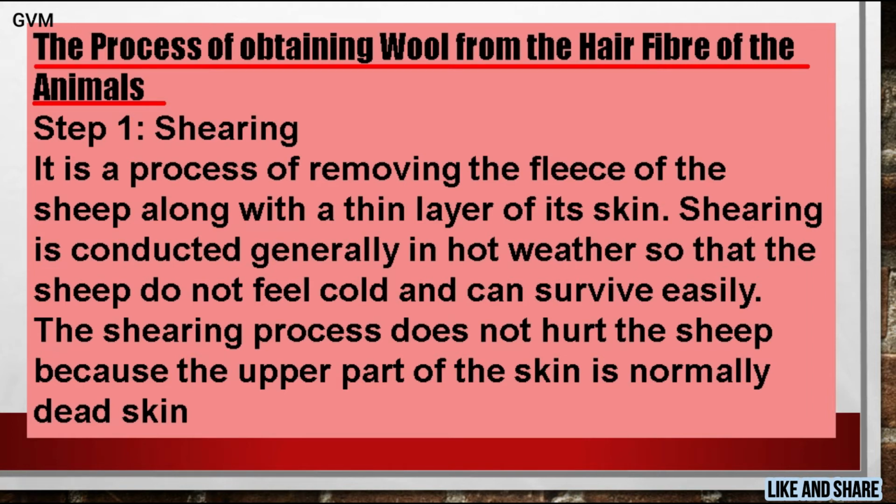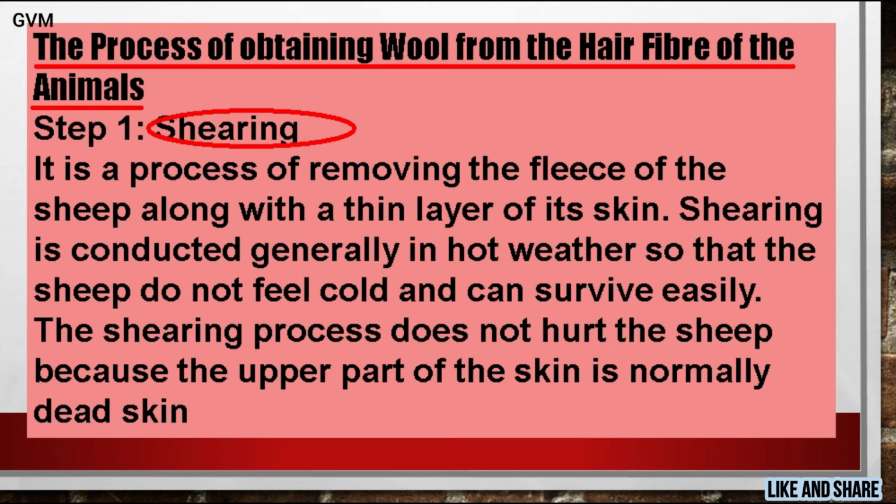The first one is shearing. Students, basically shearing is the process by which the woolen fleece of a sheep is cut off, and the person who removes the sheep's wool is called a shearer. Typically each adult sheep is shorn once each year.